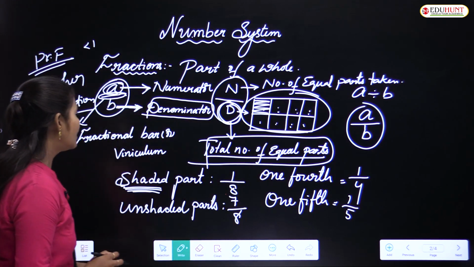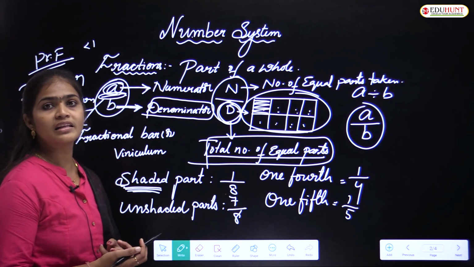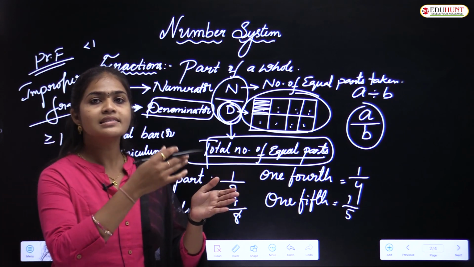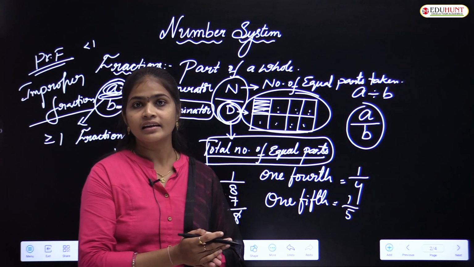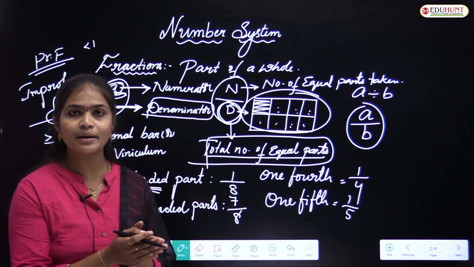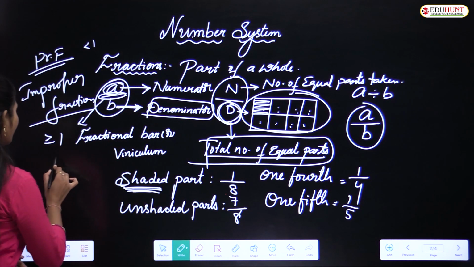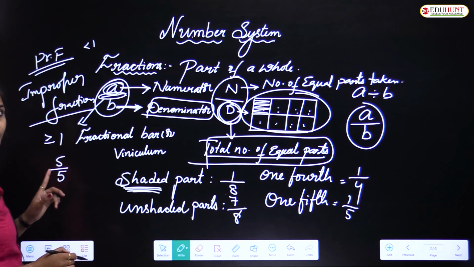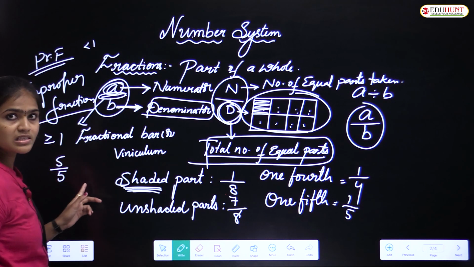Because another definition is also there for improper fraction: the numerator is greater than the denominator, we are saying. In some cases we may get both numerator and denominator the same. For example, 5/5, where numerator and denominator are both the same.